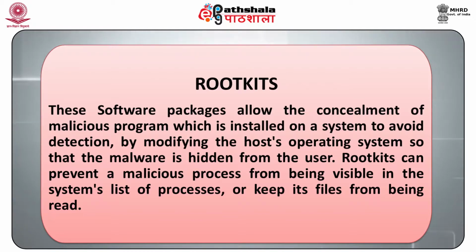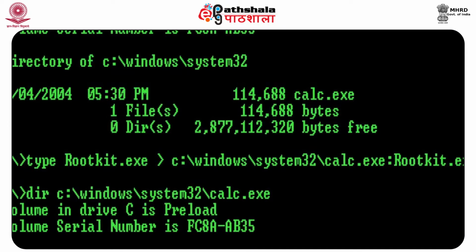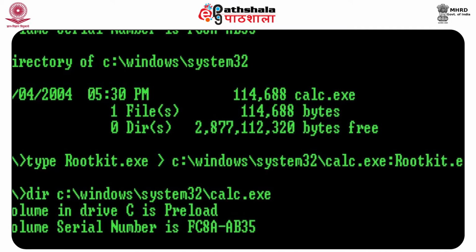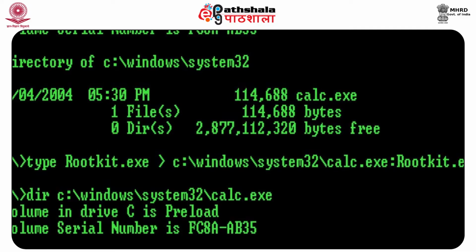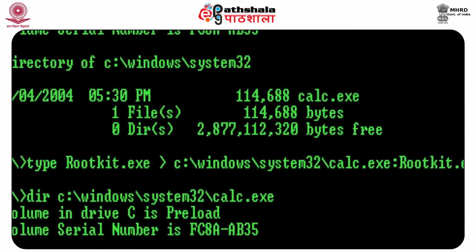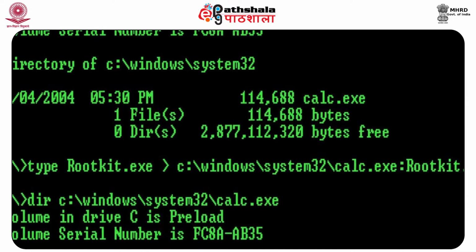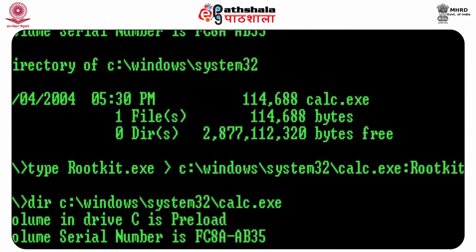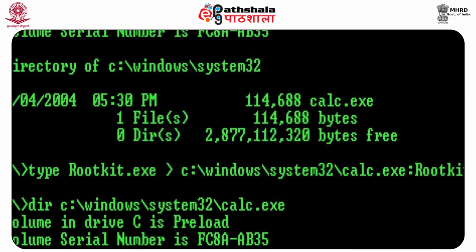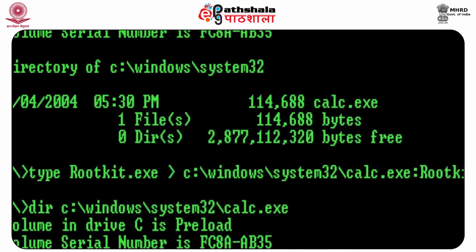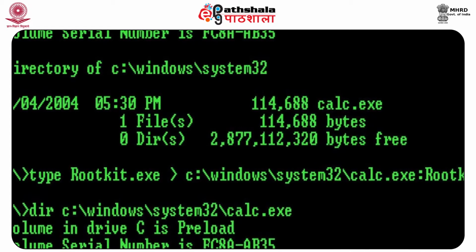Rootkits can prevent a malicious process from being visible in the system's list of processes or keep its files from being read. Some malicious programs include routines to defend against removal, not just to hide themselves. An early example of this behavior is recorded in the Jargon File tale of a couple of programs infesting a Xerox CP-V time sharing system.